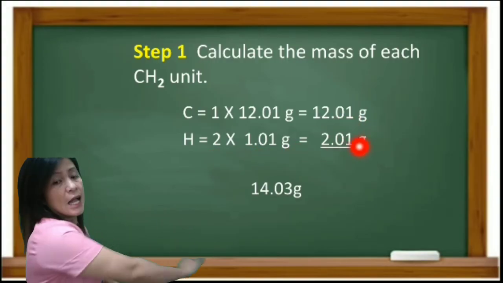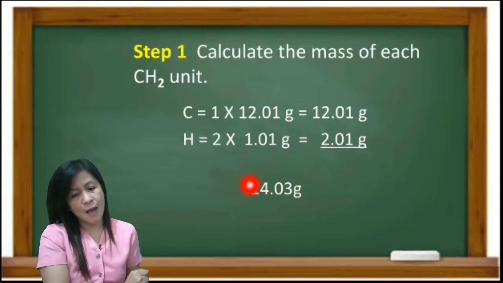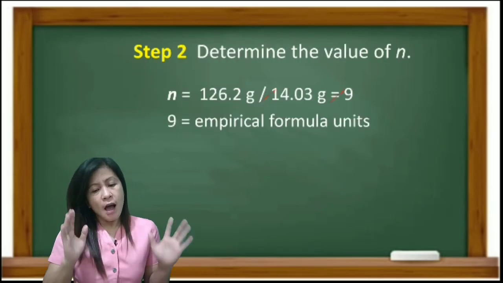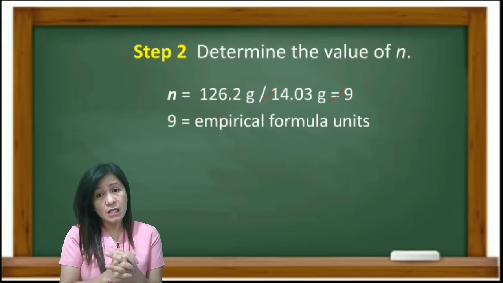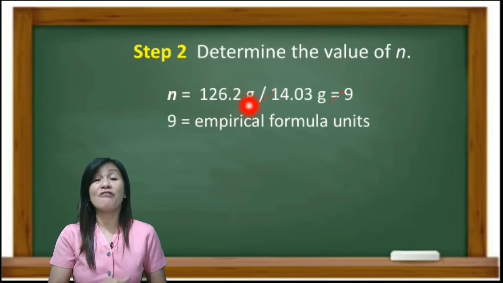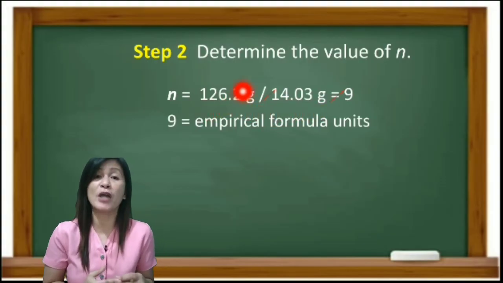So you will get a total of 14.03 grams. So to get the value of n, step 2, divide the given molar mass by the calculated molar mass of the empirical formula. The given molar mass is 126.2 grams.